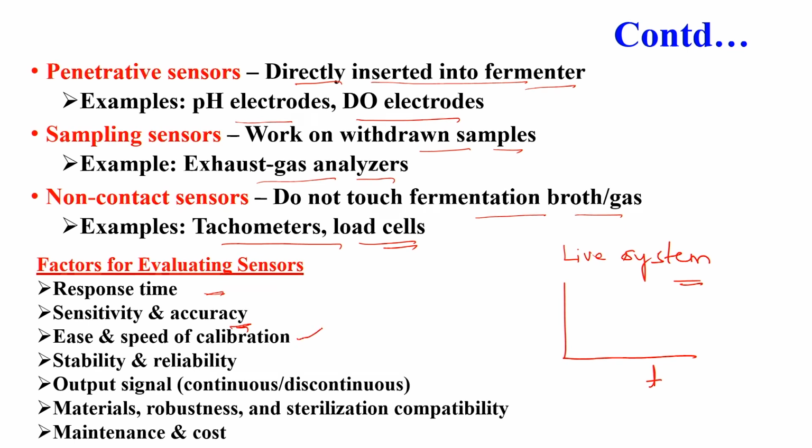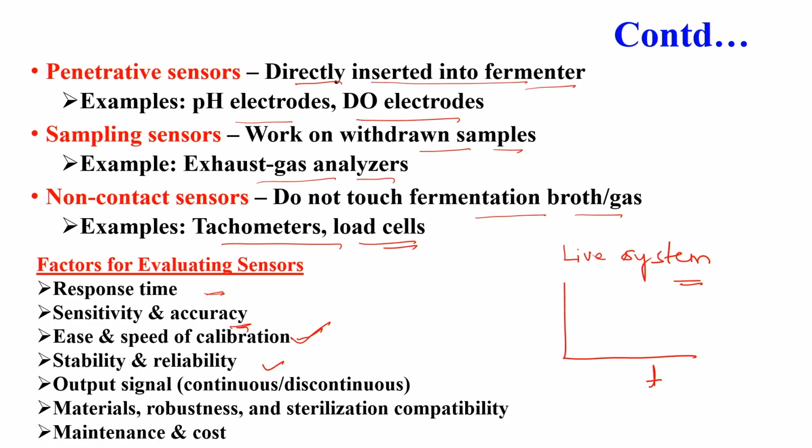And next is the ease and speed of calibration, because after certain time intervals, most of the instruments need to be calibrated in order to ensure the data are correct. Stability and reliability: it should be stable under working conditions.